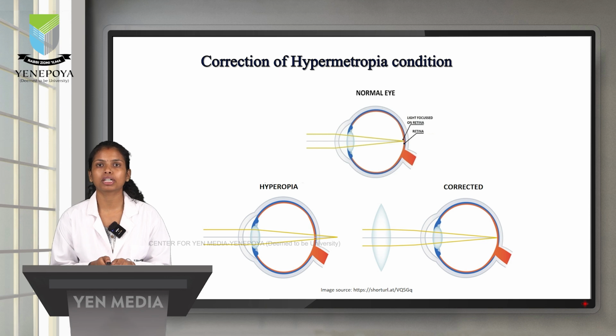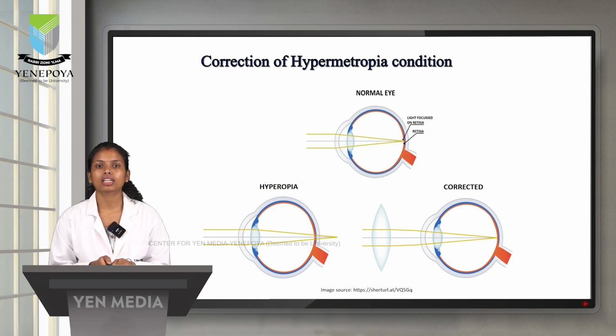Correction of hypermetropia condition. Hypermetropia or hyperopia, also termed as farsightedness. A person suffering from this condition will be unable to look clearly at closer objects because the parallel rays coming from the closer object after passing through the lens of the eye converge at a point beyond the retina.